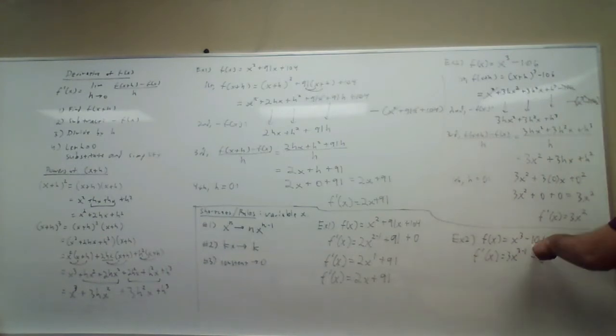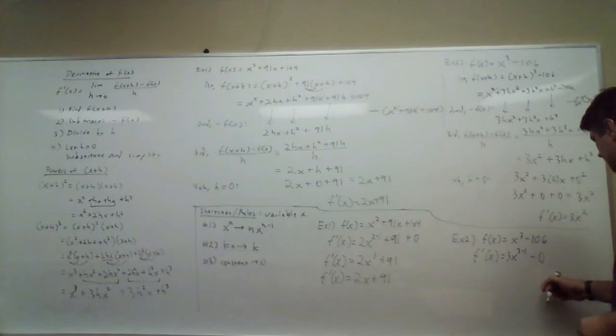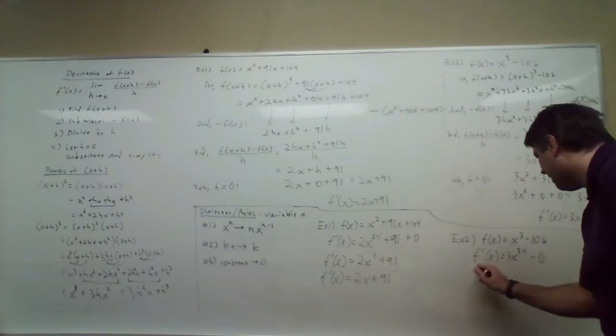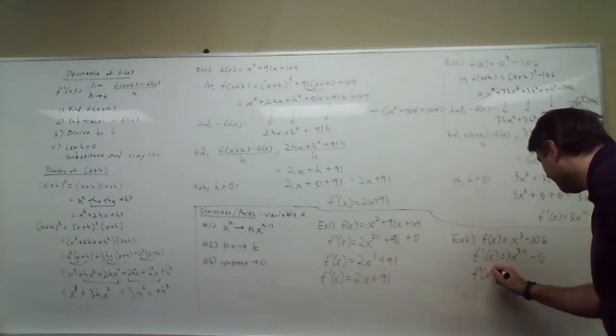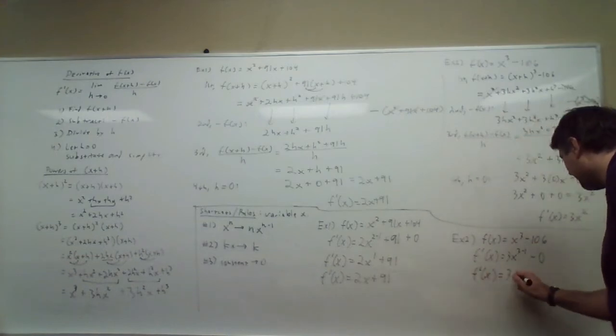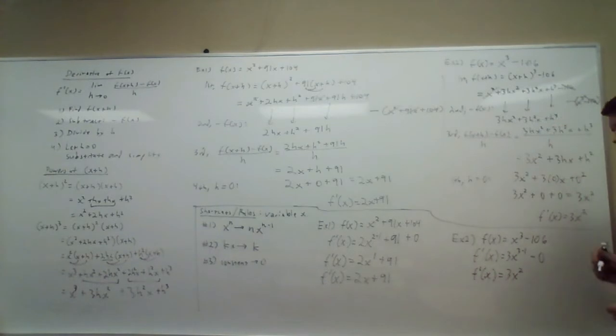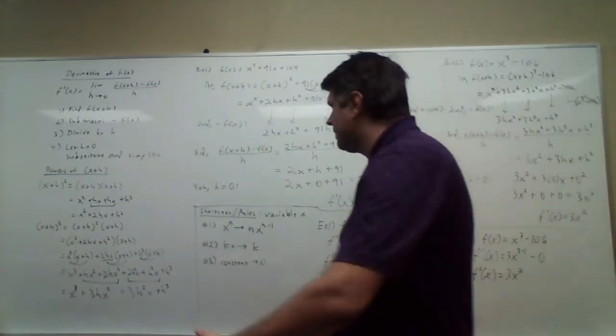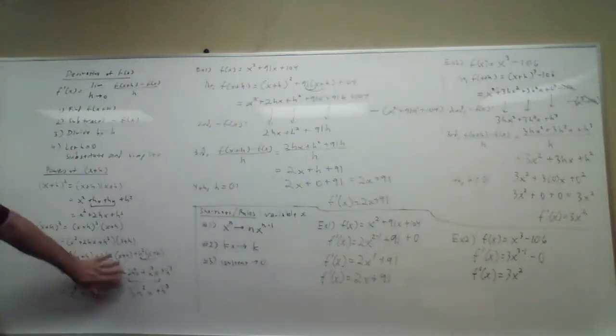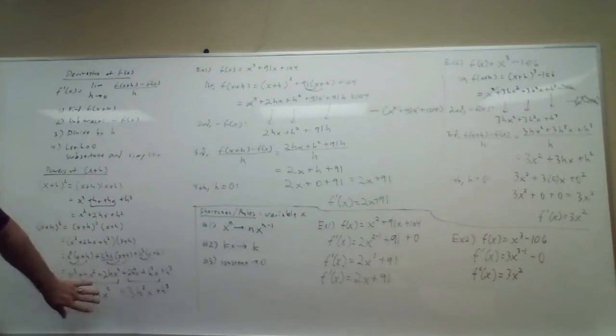The derivative of my constant is 0. So f prime of x, the derivative, is just 3x squared, which is the same thing we got longhand, using the limit definition. Now what I'm going to do next is erase this part and move these rules over here and do more examples.